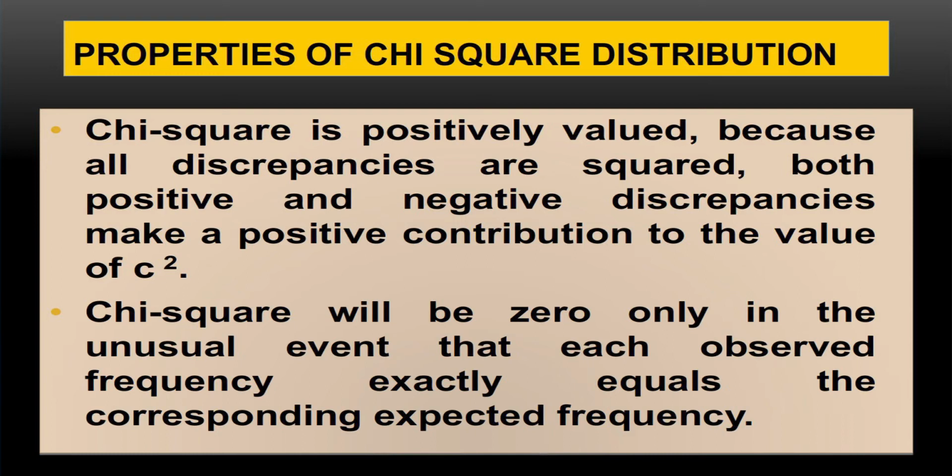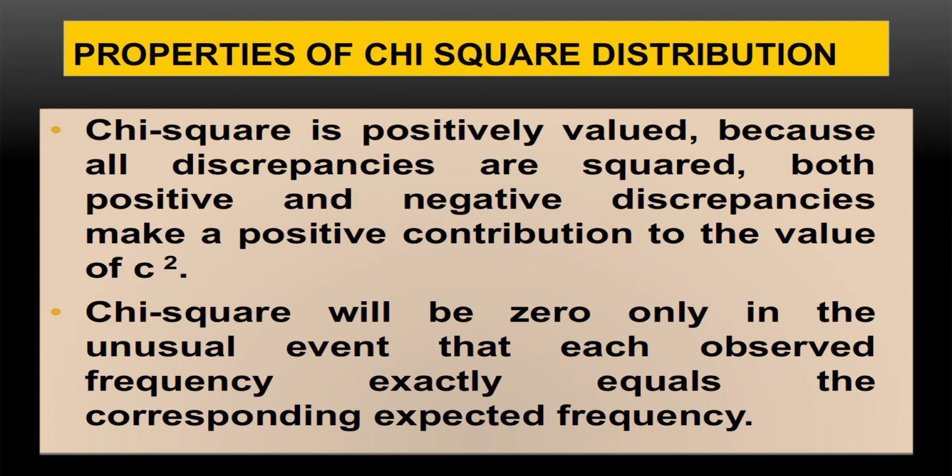Chi-square is non-negative in value, it is positively valued because all discrepancies are squared. Both positive and negative discrepancies make a positive contribution to the value of chi-square.